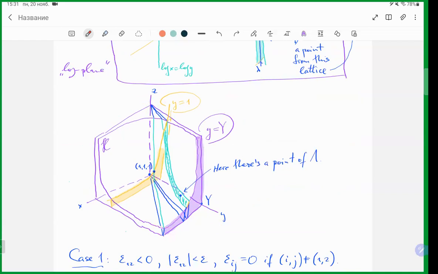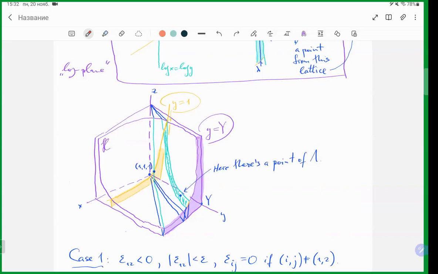if this first plane is very close to the YZ coordinate plane, then with the fixed value of Y capital, we will obtain this green parallelogram somewhere up here.